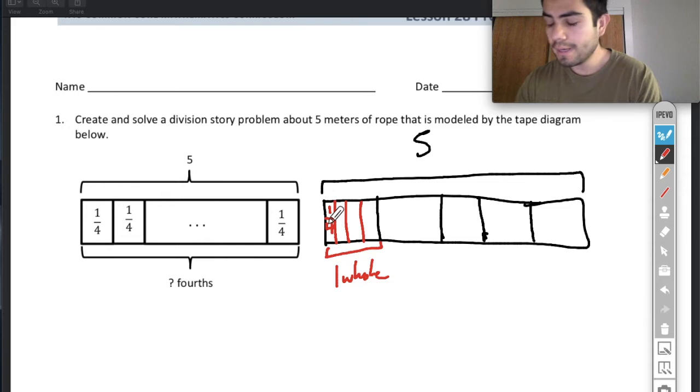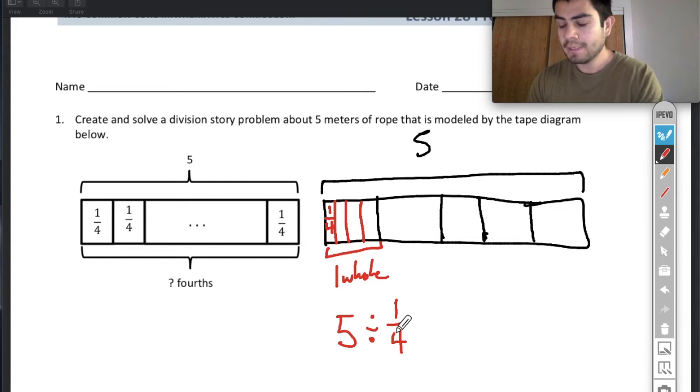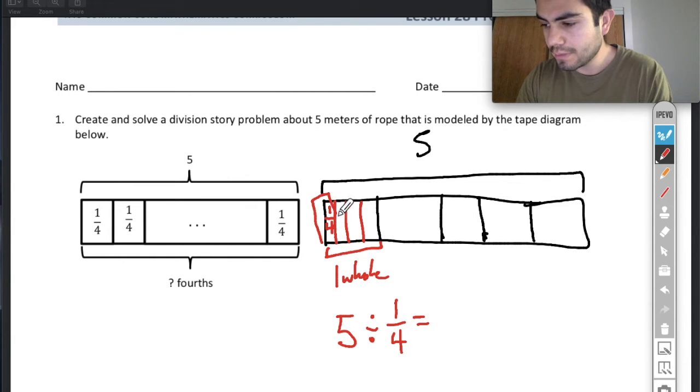Okay, now if we take this 5 and we just divide it by 1/4, how many 1/4 like we do here did we create?